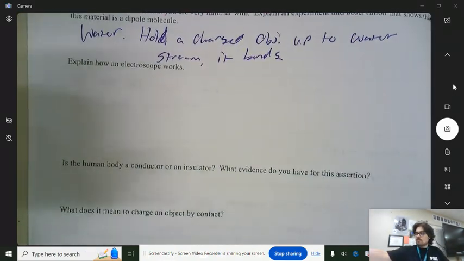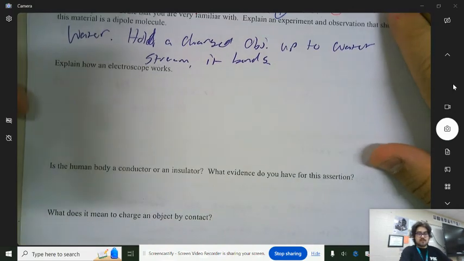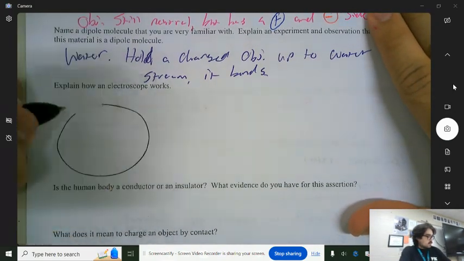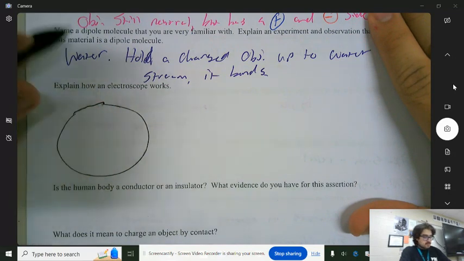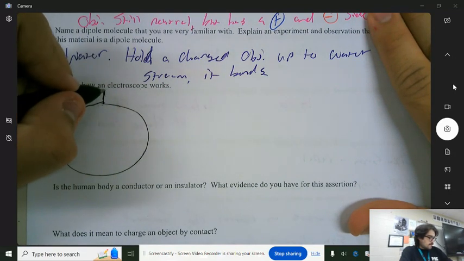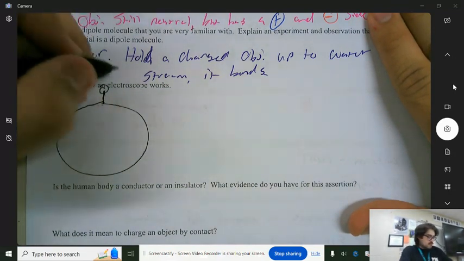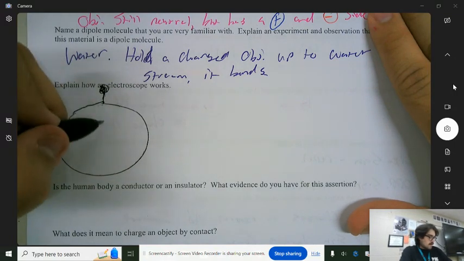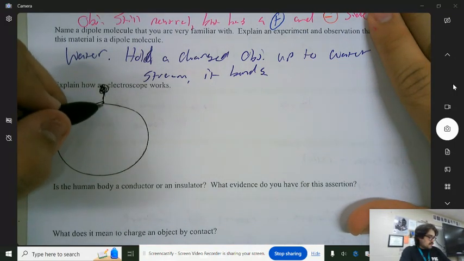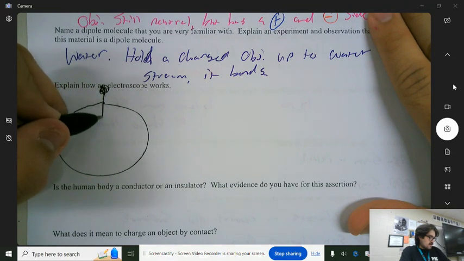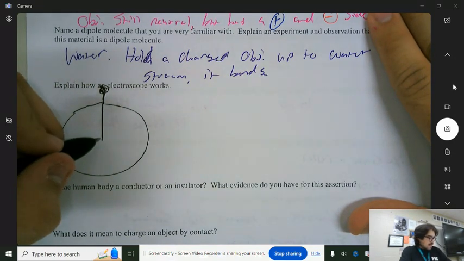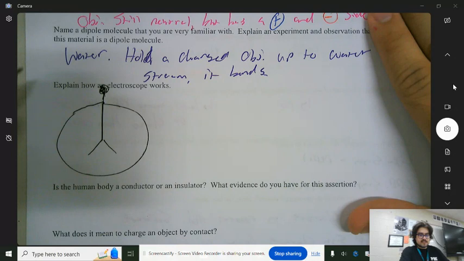Let me explain how an electroscope works. You do have a performance test where you have to build an electroscope, and it's pretty straightforward how it's built. You have a container, and then a ball or sphere at the top. That ball connects into the container with a stem, and there are usually little foil leaves on it.